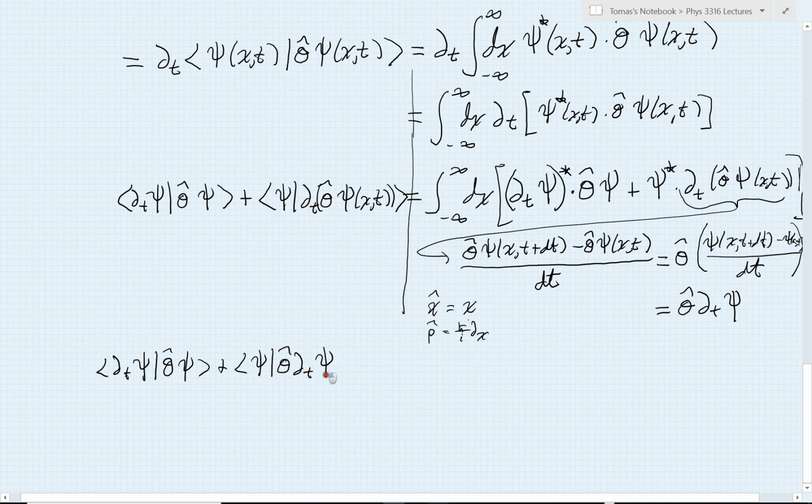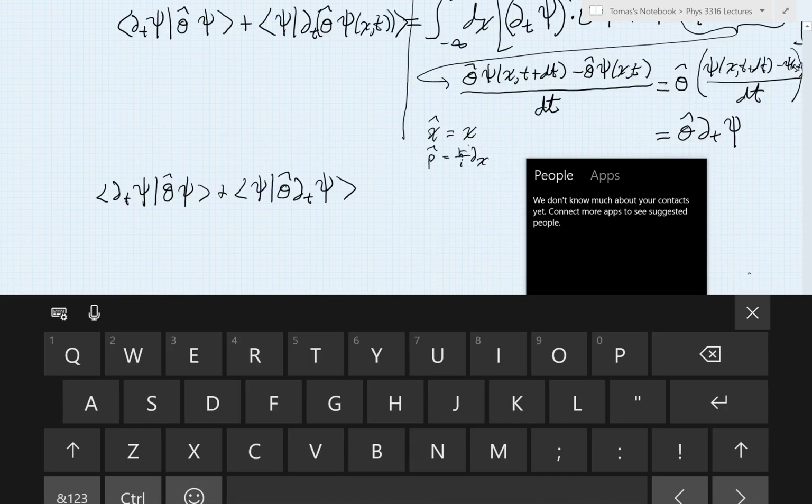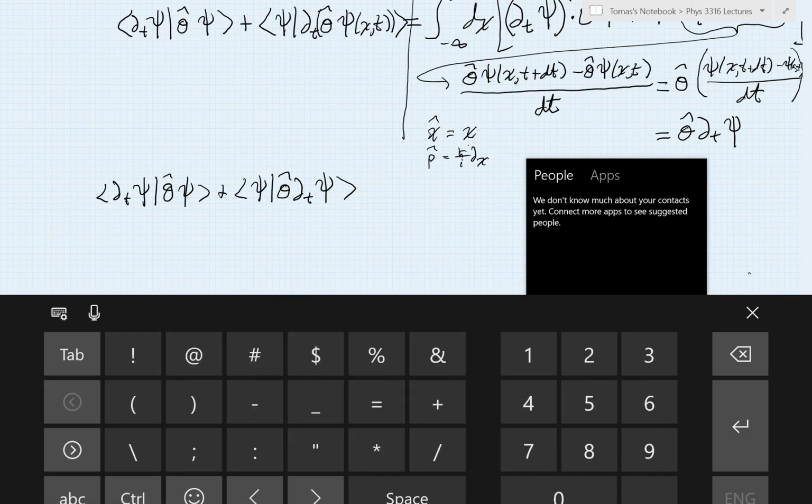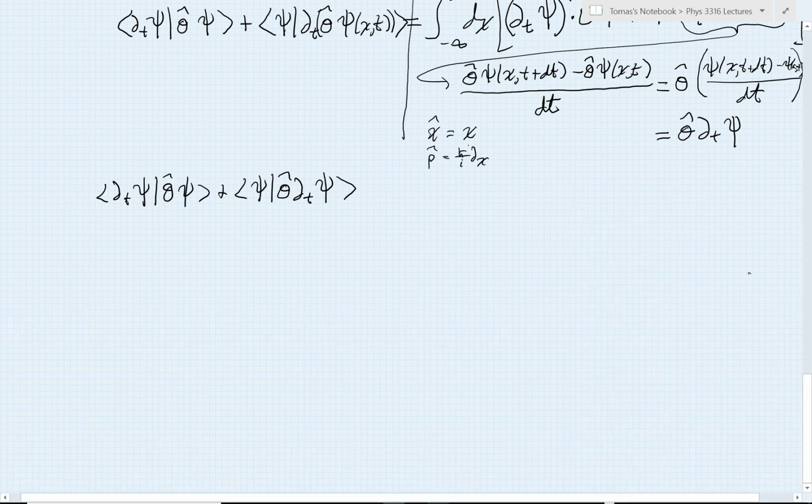acting then on psi. Now, the way we could have seen this a little more quickly, if we were going through our more formal type derivation, is we would look at this and say, okay, time derivative is just a difference.